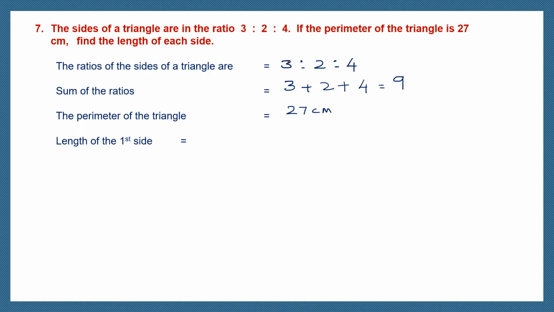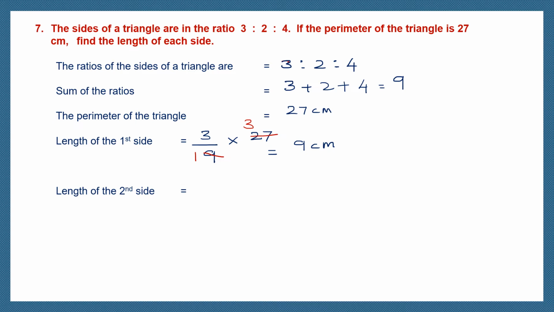The length of the first side: we take the first term of the ratio, 3, by the sum of the ratios, into the perimeter. Now let's cancel what we can. 9 ones are 9, 9 threes are 27. Now let's multiply the numerators. 3 threes are 9. So we have found the length of the first side to be 9 centimeters.